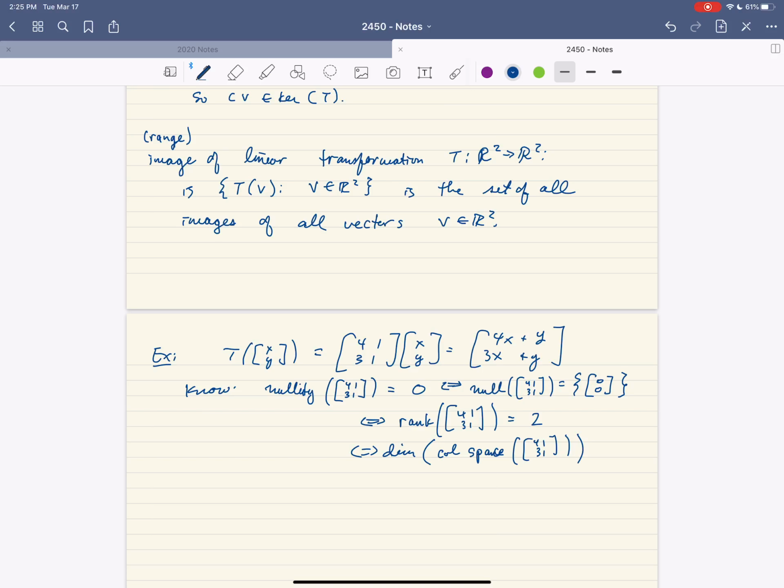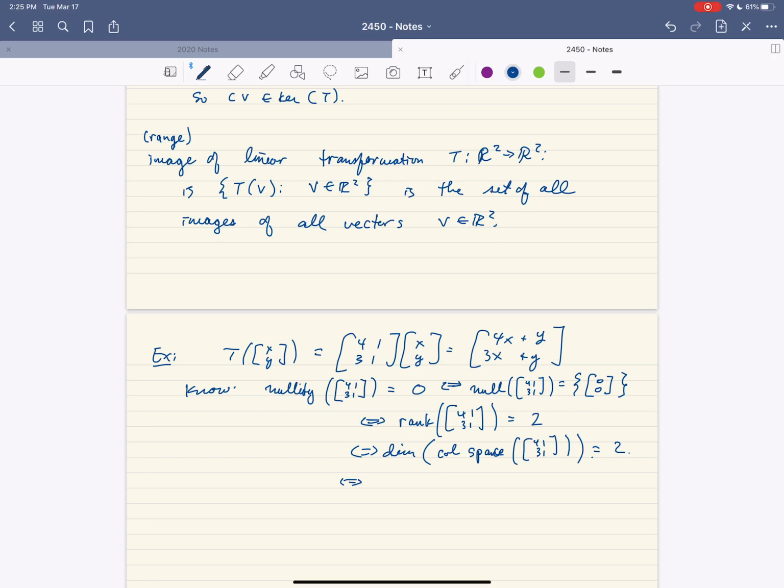Okay, and so if the columns span all of R2, think about what that means in terms of linear transformations. Let me add one or two more equivalences in here.